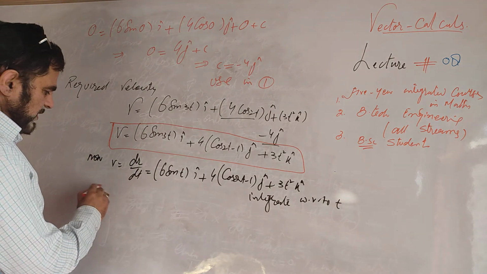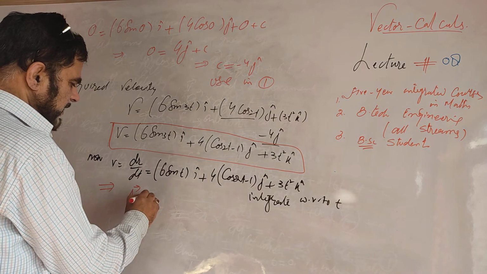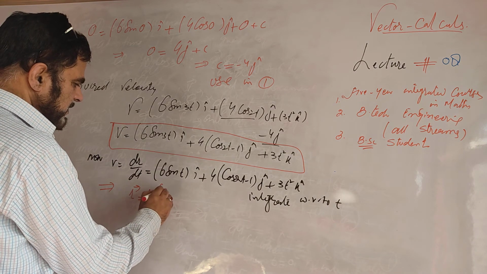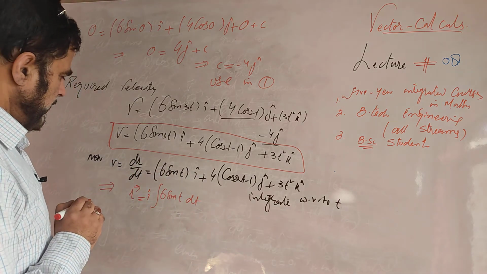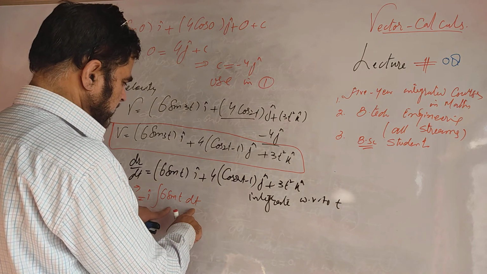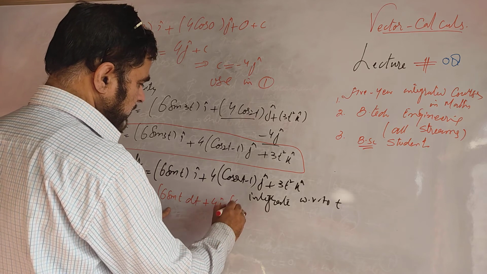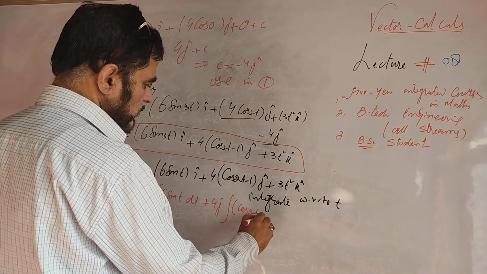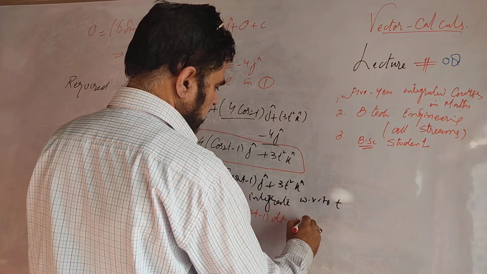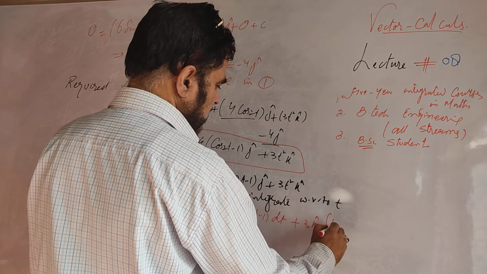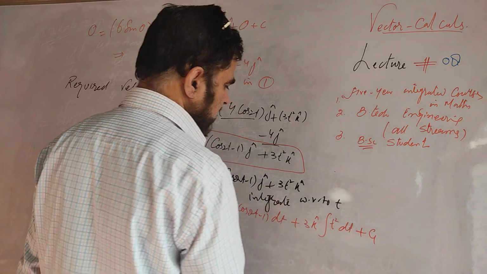So you get r is equal to i times the integral of 6 sine 3t with respect to t, then plus 4j times the integral of cos 2t minus 1 with respect to t, then plus 3 unit vector k times the integral of t square with respect to t, plus c1.